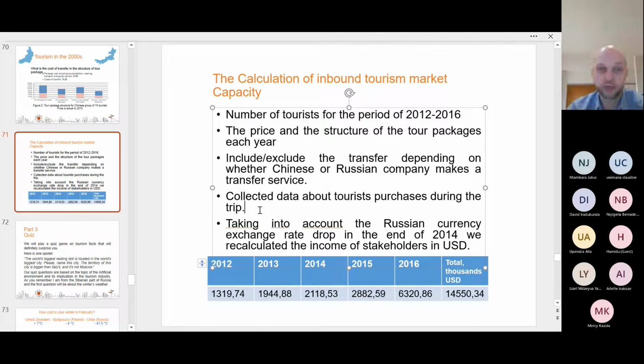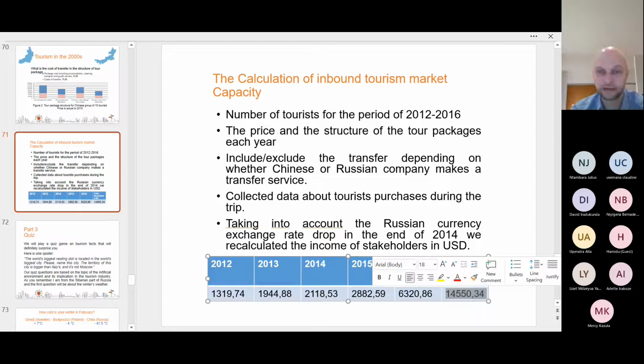And the last one, we took into account the Russian currency exchange rate drop at the end of 2014, and we recalculated the income of stakeholders in American dollars. So here you can see the total amount of the tourism market capacity estimated by us, by the authors.